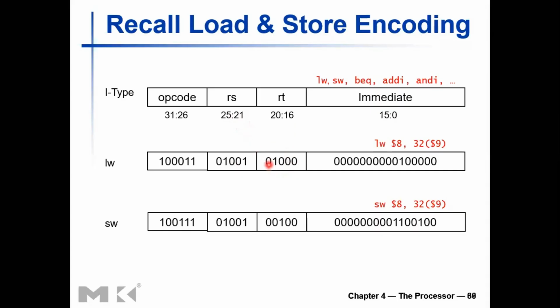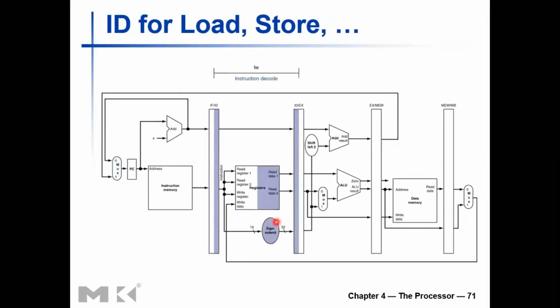So for a load instruction, this is the register to be written to. For a store word instruction, this is a register to be read from, right? So note that difference. So one register operand is provided here. The other register operand is either provided there or provided here. The write register address or the read register 2 address, right? The RT should either go there or go there.